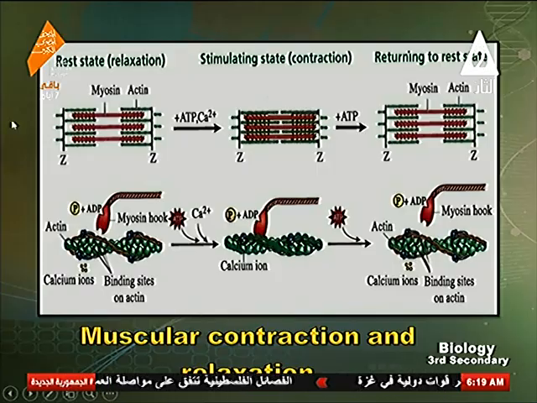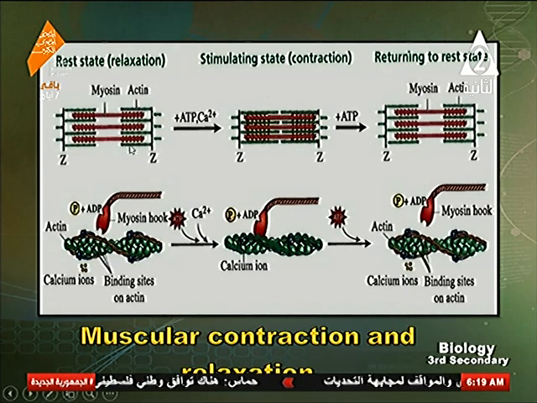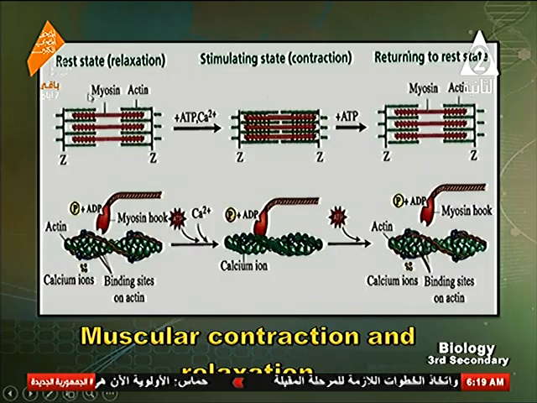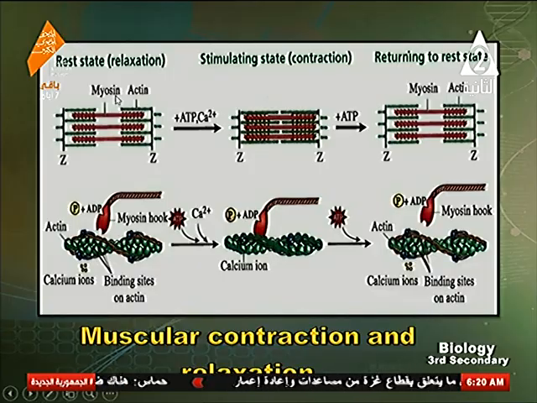The idea of sliding filaments is that this theory depends on the ultra-microscopic structure of muscle fibers, where each muscle fiber consists of a group of myofibrils, as we said, and each myofibril consists of two types of protein filaments. As you see, thin actin, thick myosin, thin actin, thick myosin, thin actin only is the light band, actin plus myosin is the dark band, myosin only is the semi-light band.